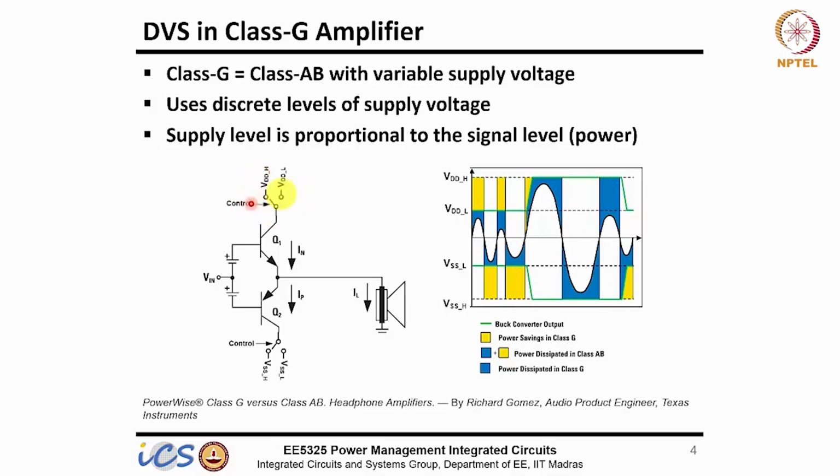So now let's say I have two supplies: at 1 volt I use VDDH, at 0.5 volt or below I use VDDL. If you keep using 1.1 volt at 0.5 volt, the dropout across this transistor is 0.6 volt. But if I switch to 600 millivolt, then you have again reduced the dropout to 100 millivolt. So you can reduce the losses in the circuit, so efficiency will be much higher.